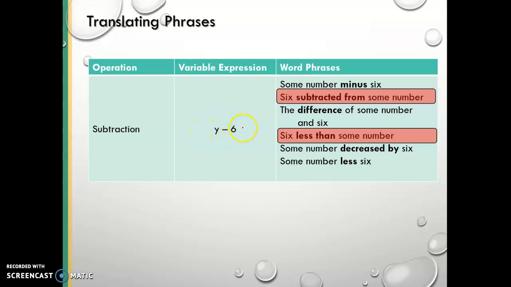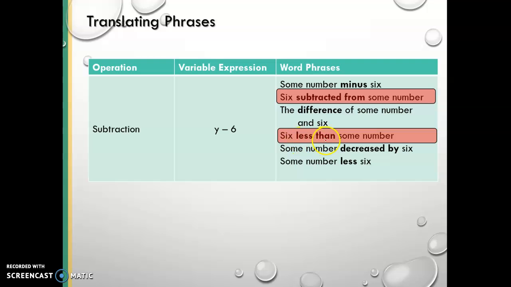It's subtracted from, so it's the one subtracting. And also 6 less than means the same thing here. 6 subtracted from is the same as 6 less than. So that means order matters.